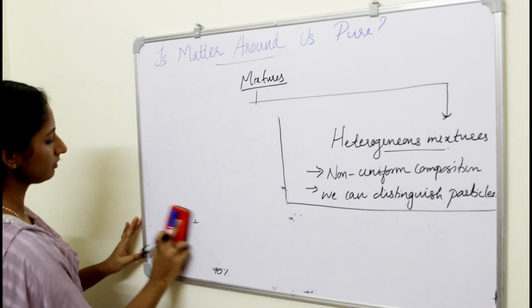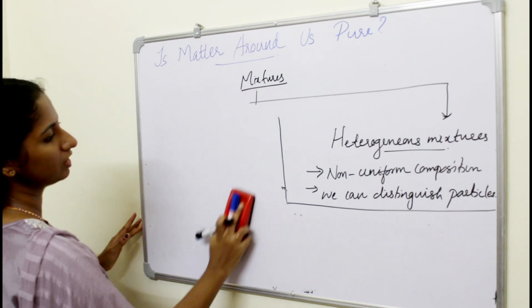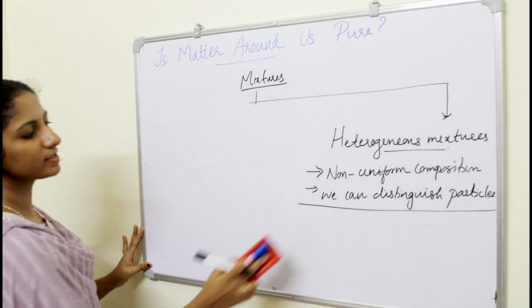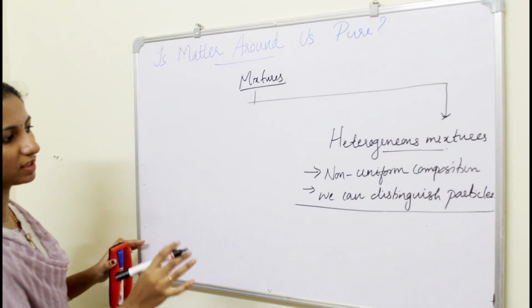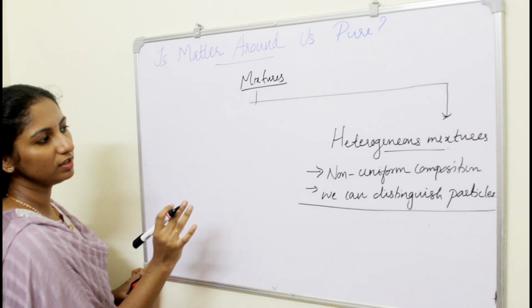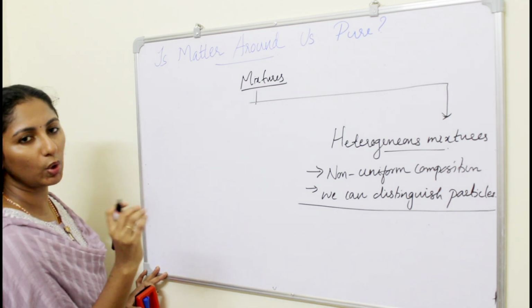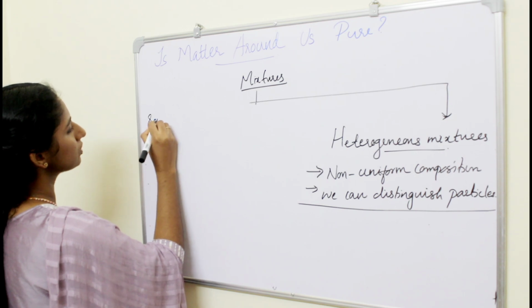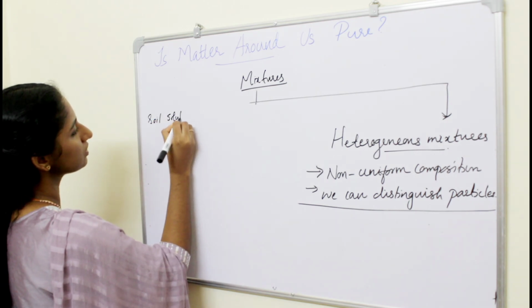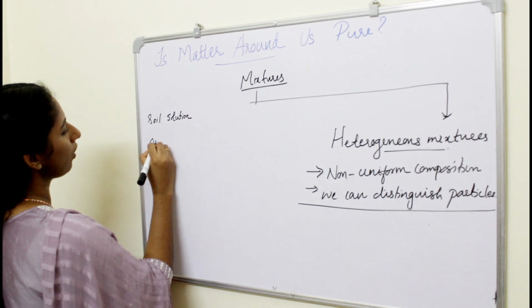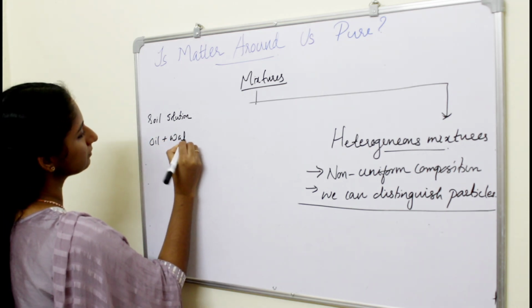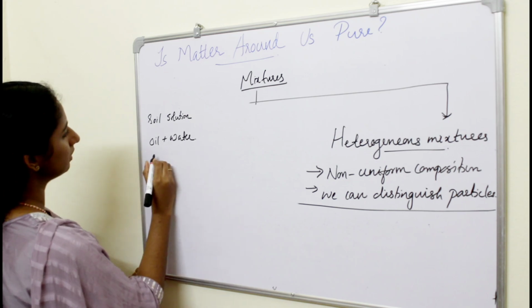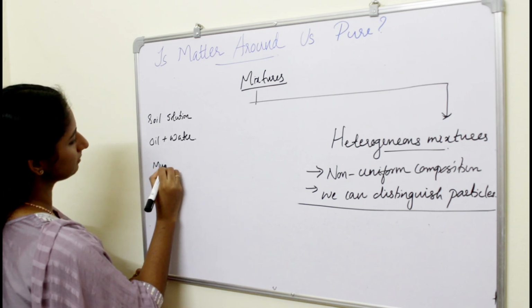In heterogeneous mixtures we can distinguish the solute and solvent particles, and the mixture has a non-uniform composition. Examples are soil solution, oil and water mixture, and mud solution.